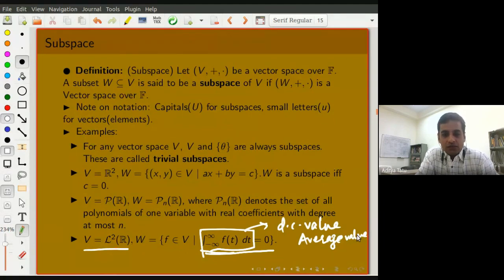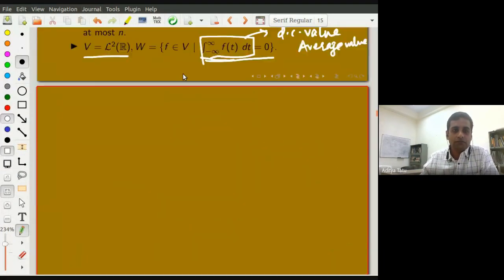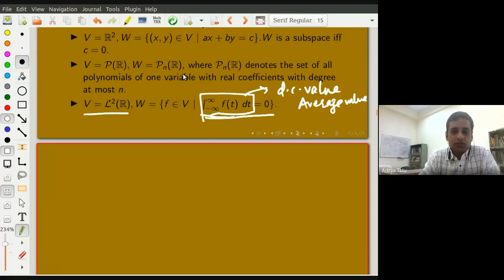I hope you can see that it also forms a subspace. Do you want me to prove this, or can you do this yourselves? For example, let's show closure with respect to addition.